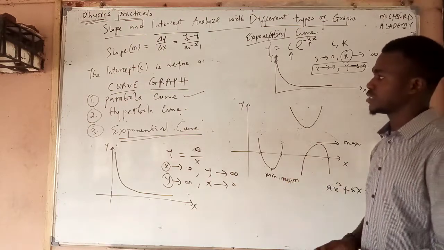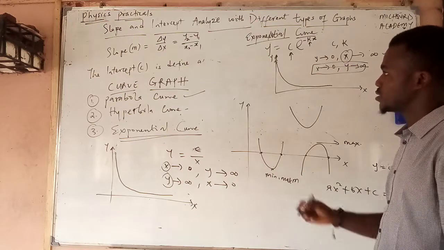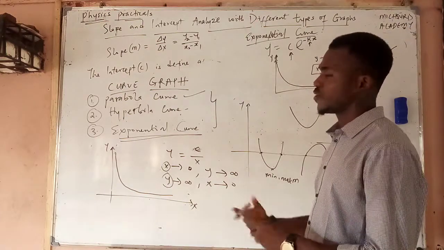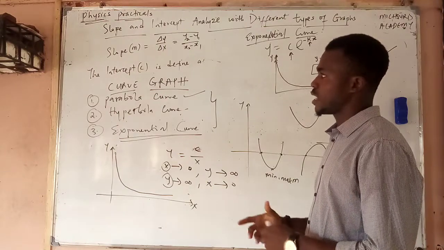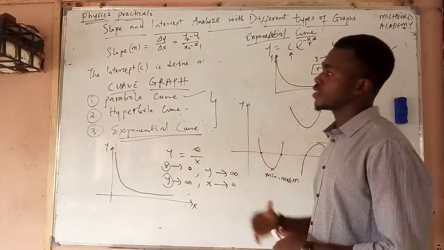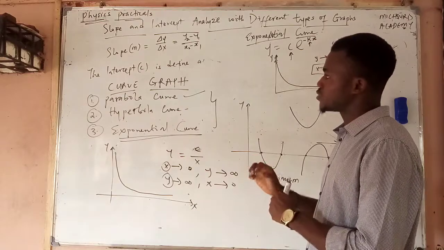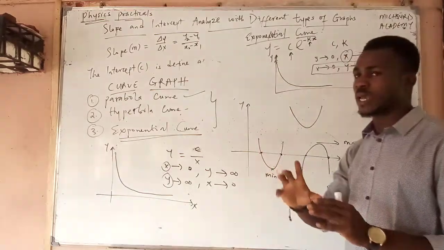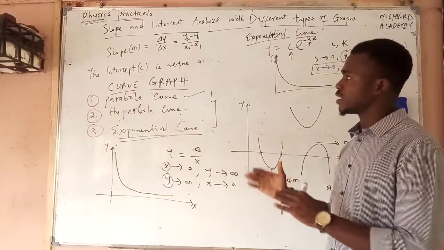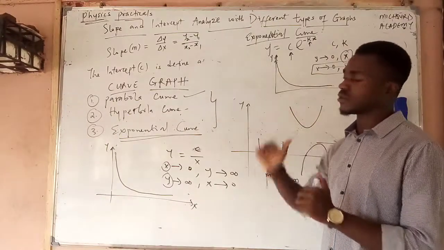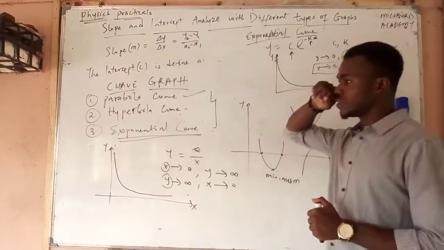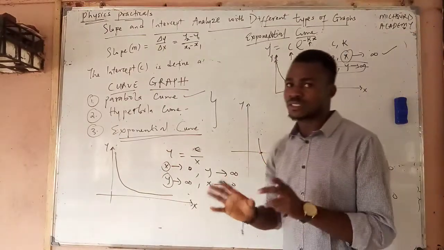In our next class, we see how we can convert this curved graph and transform them to the linear graph or the straight line graph. You know, it is easier to calculate with the linear or straight line graph. You can easily calculate the intercept and also the slope. But for the curved graph, the slope is changing at every point.